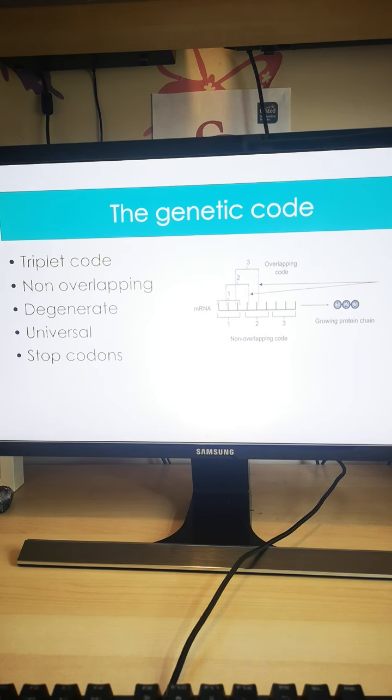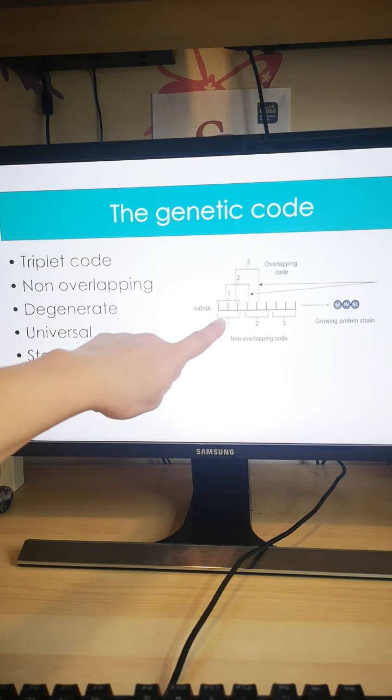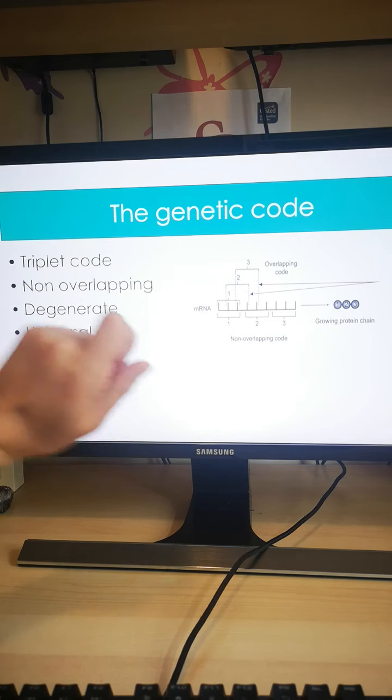So it doesn't get read in an overlapping code like that. It's a non-overlapping code like the one at the bottom. Each base is only read once within 1 codon.